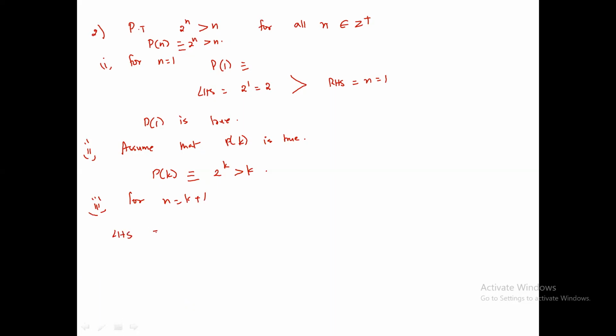So we will take left hand side 2 power n, that is 2 power k plus 1. This 2 power k plus 1, I will take as 2 power k into 2 power 1, or 2 power k into 2. Now I know that I will have to use P of k because 2 power k is greater than k. So what will I write? 2 power k is greater than k, and 2 I will write the same.